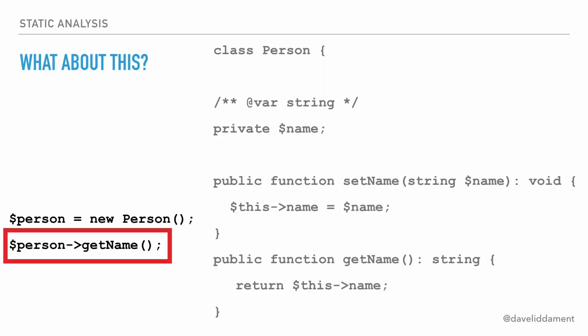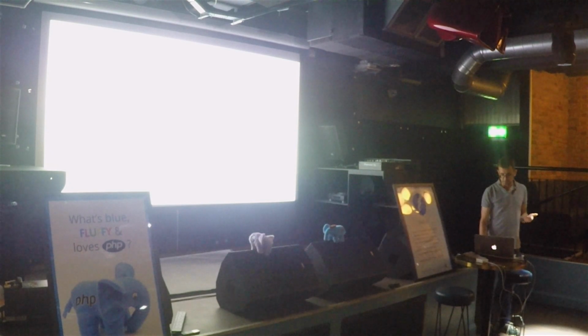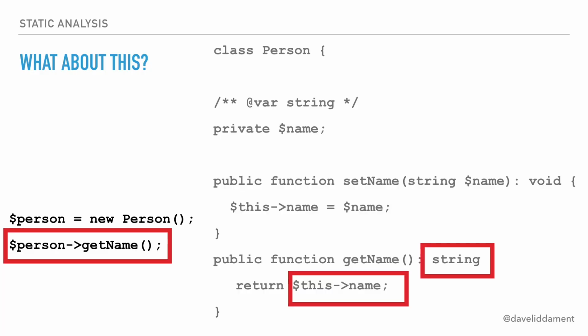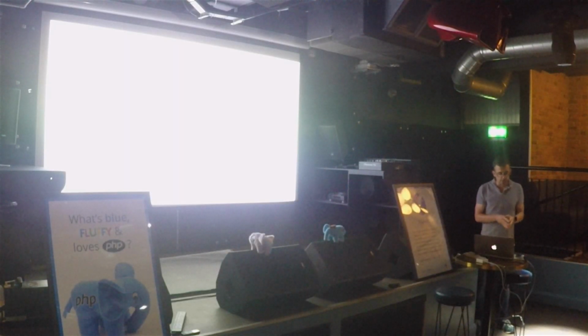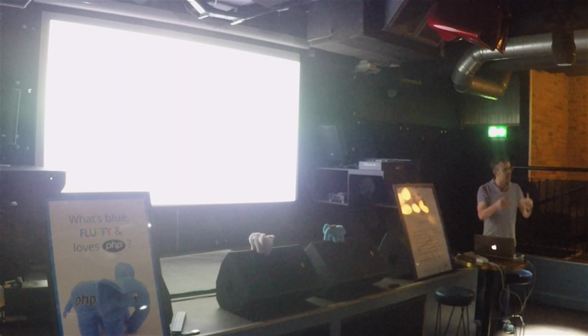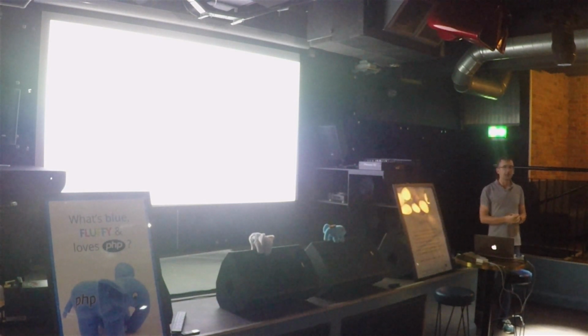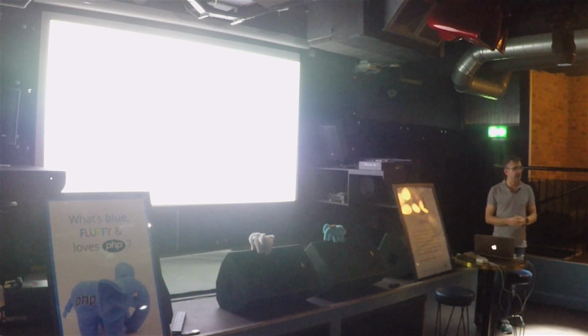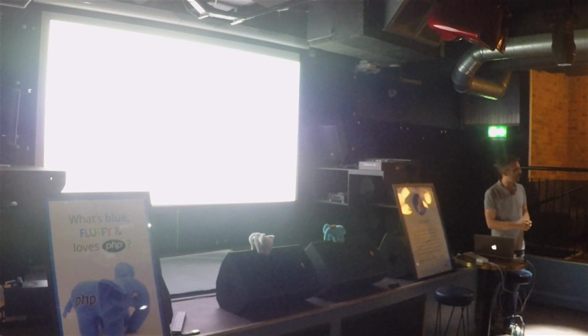So we go into getName. We can see that it returns name. We haven't set it up. getName is expecting to have a return type of string. At that moment in time, if we've just created person and the next thing we do is call getName, we'll have a type error because we're returning null, and our requirement is we return something that's a string.